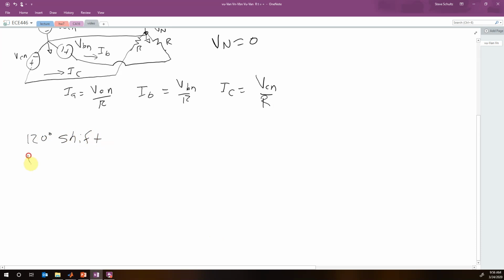Okay, the V line-to-line magnitude is going to be equal to the square root of 3 times the V line-to-neutral. And the total power is constant. Okay, and that finishes up our fast instruction on three-phase power.